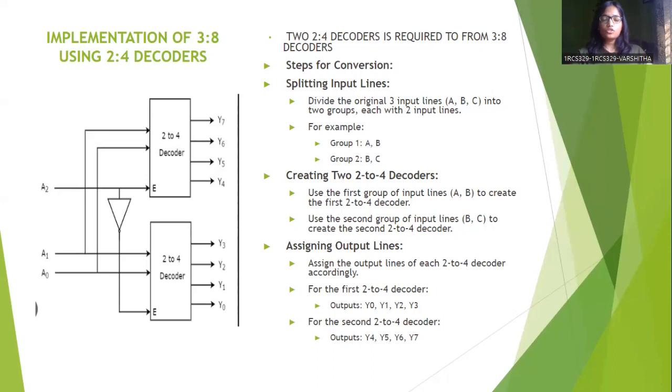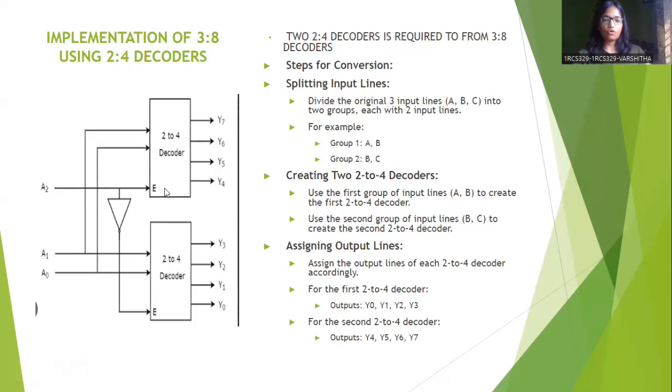To form a 3 to 8 decoder with the help of 2 to 4 decoders, we require two 2 to 4 decoders. Let's consider this to be the first 2 to 4 decoder and this is the second 2 to 4 decoder. The outputs of the first decoder would be Y0, Y1, Y2, Y3.